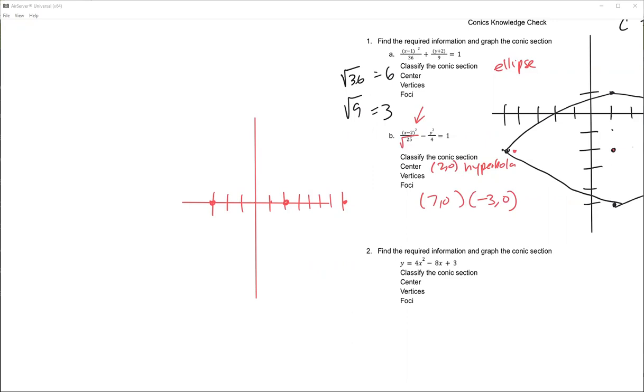All right, and then your minor axis would be up 2 and down 2 because of the 4. Radical 4 is 2. And then instead of drawing an ellipse, you're drawing this box, right? A rectangular box around these 4 points that you put together.